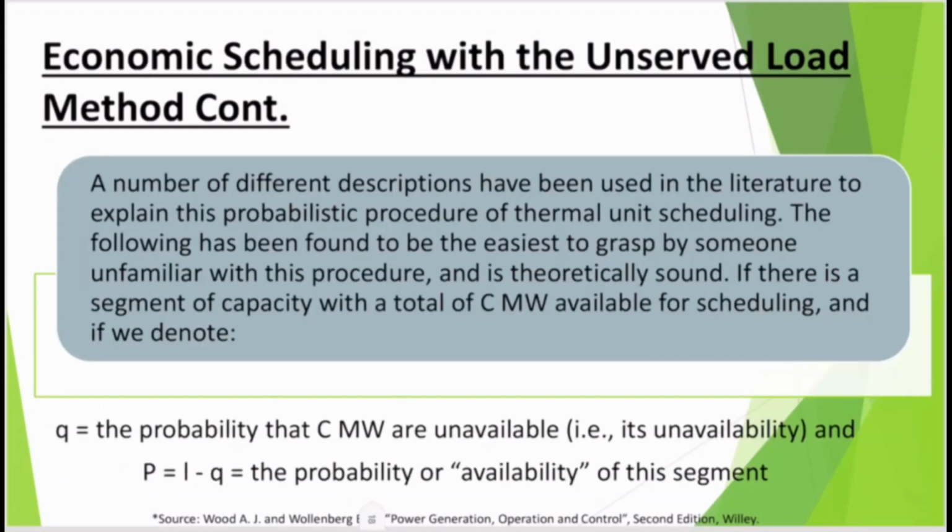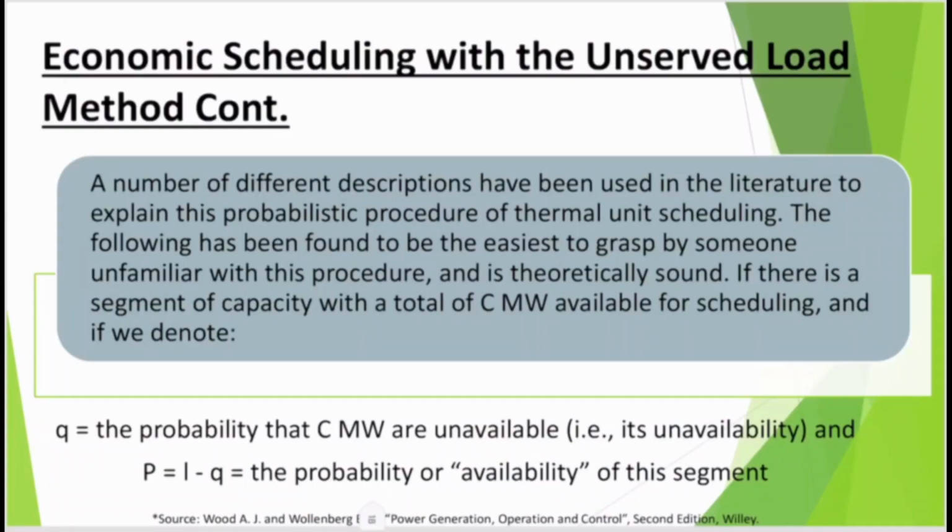A number of different descriptions have been used in the literature to explain this probabilistic procedure of thermal unit scheduling. Conventional thermal unit scheduling we learned, and there is much literature about the probabilistic way of scheduling the units, which is a very important topic to all of us.